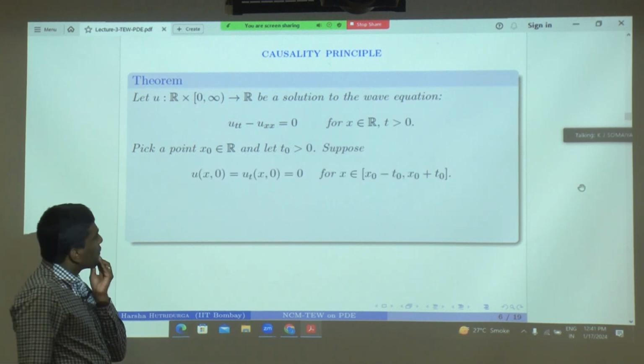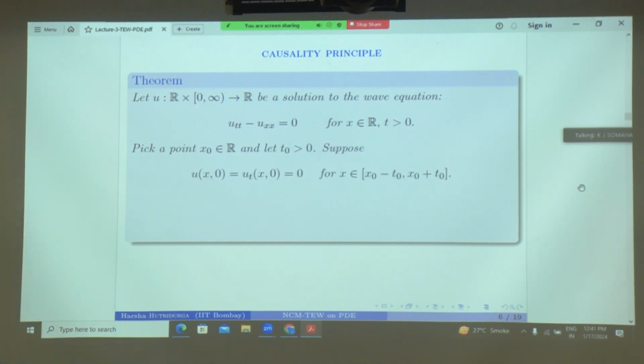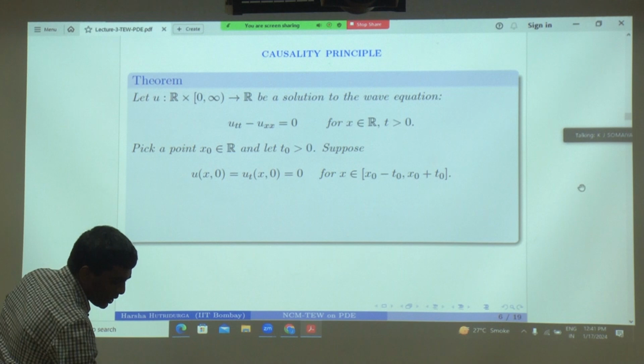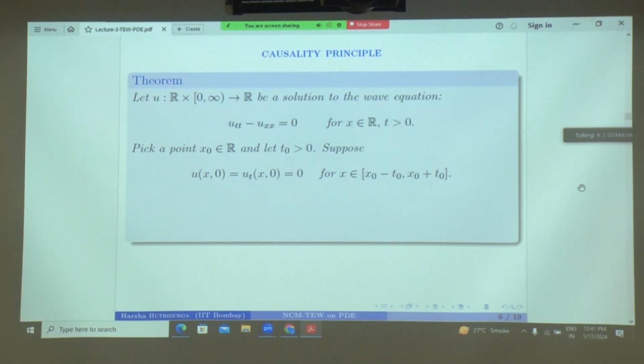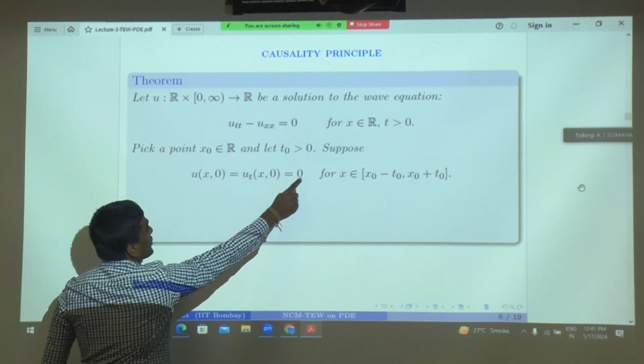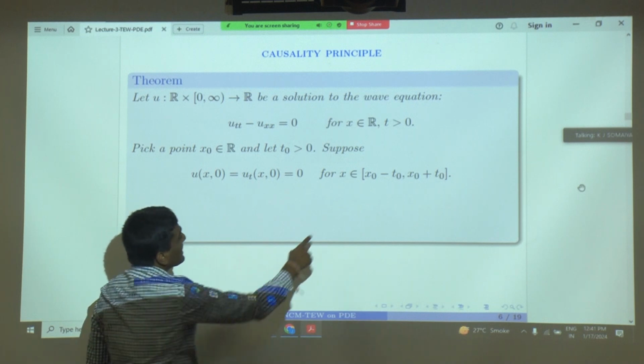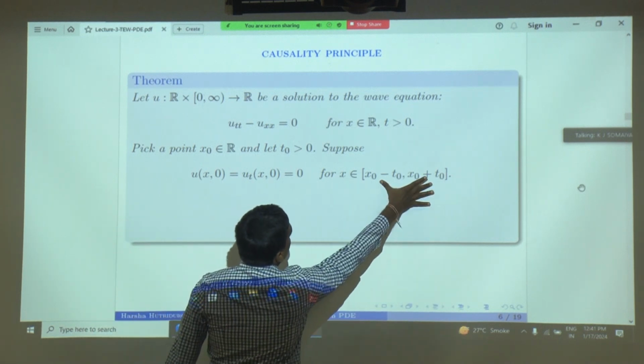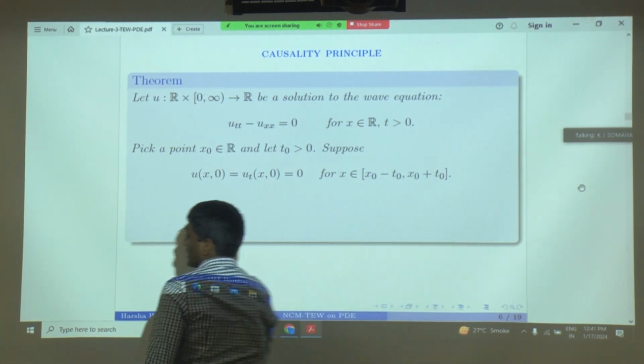And then suppose your u and the time derivative of u on the bottom part of your triangular region, which corresponds to t equal to 0, vanish. So you are saying that u at x comma 0 is 0 and the time derivative of u at x comma 0 is 0, for all those x which lie in the interval x naught minus t naught to x naught plus t naught.